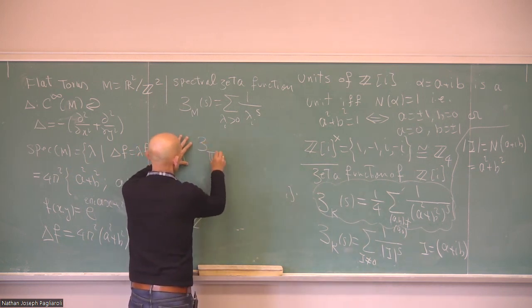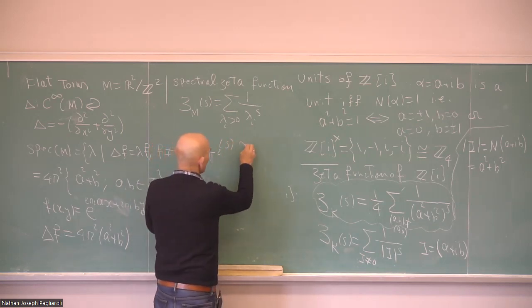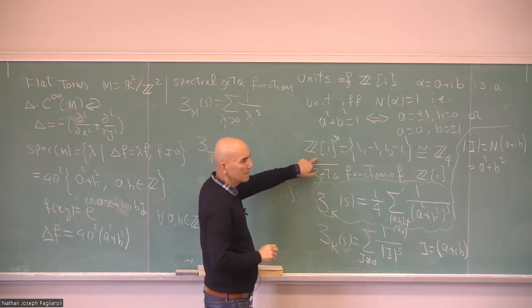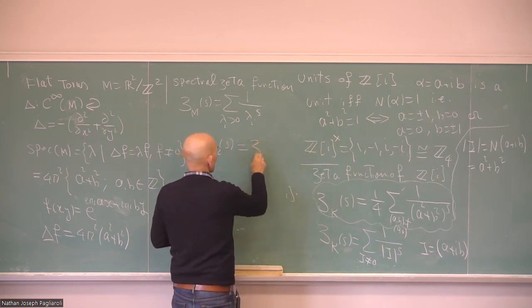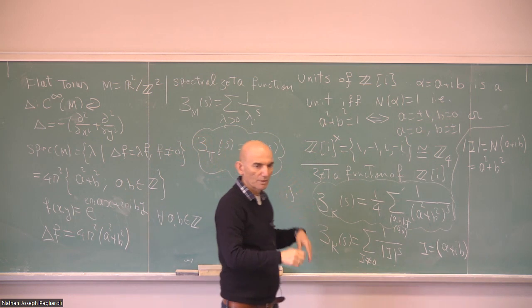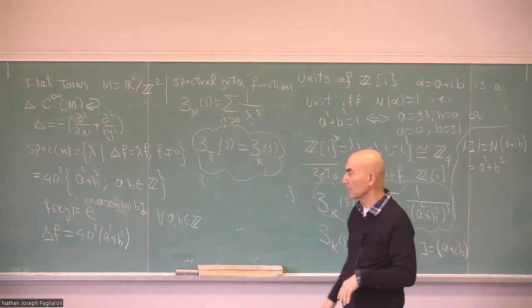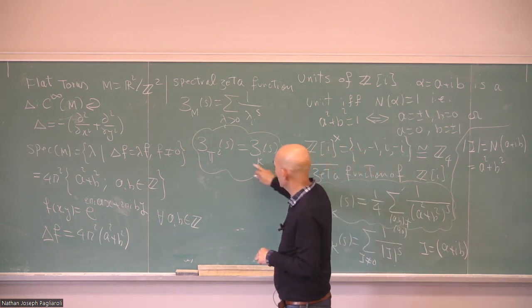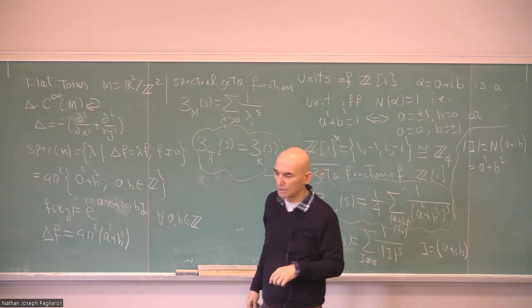So what happens in this case is that the spectrum of this torus, except for this 4 pi squared, something which just doesn't matter, is basically the same as the Dedekind zeta function of this thing. This is very nice because some arithmetic object really comes exactly, the zeta function is exactly the same as this geometric object.